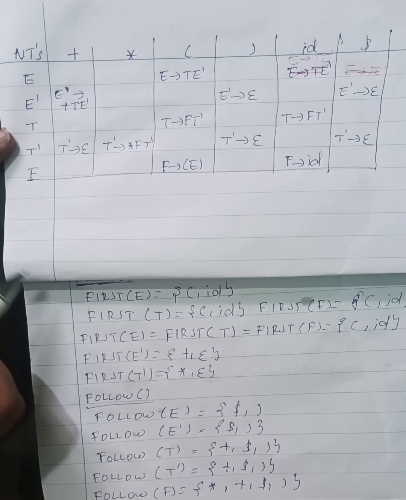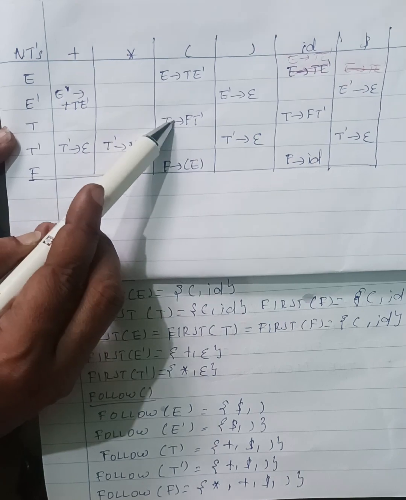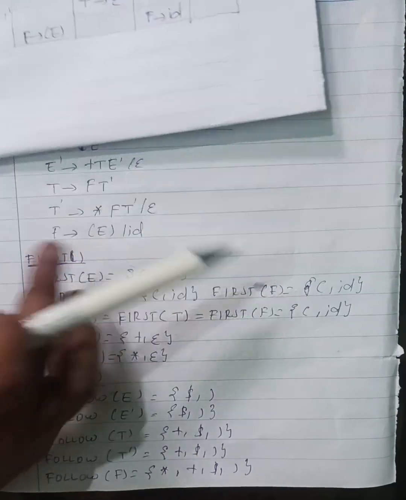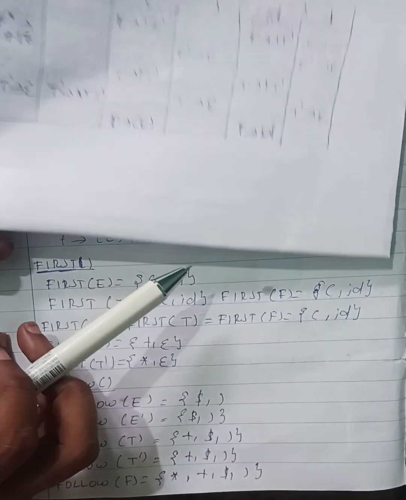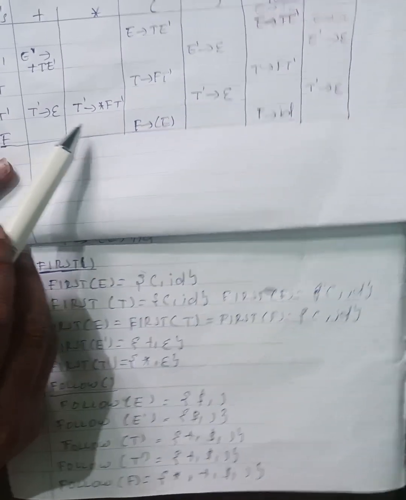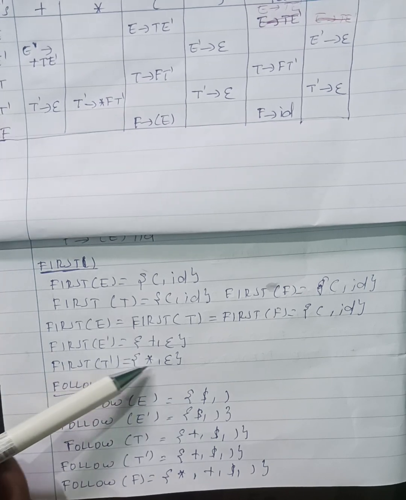Now check for first of T. First of T is only open parenthesis and ID. And in open parenthesis and ID, write the rule of T. So what is the rule of T? T → FT'. I have written this T → FT' here. And now first of T'. Check first of T', star and epsilon.